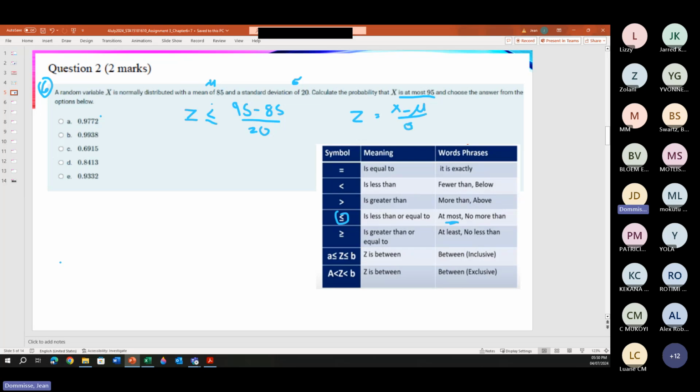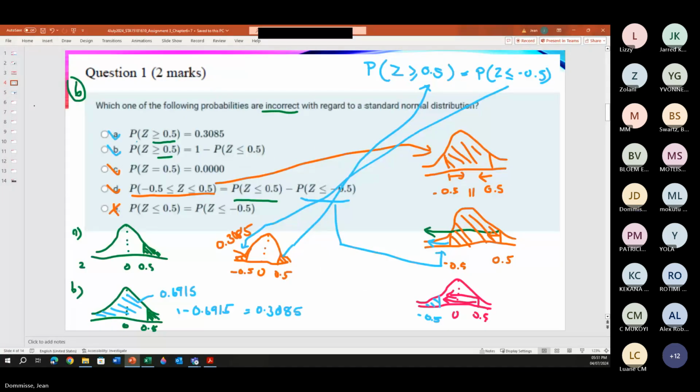We're not talking about a sample yet, so we don't bring in the sampling distribution. We're only looking at this X that is randomly distributed. Okay, so Z smaller or equal to what? 95 minus 85 is 10. 10 divided by 20. Okay, so it is again 0.5. Okay, interesting. That's very similar to this.